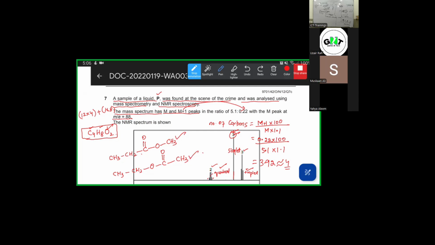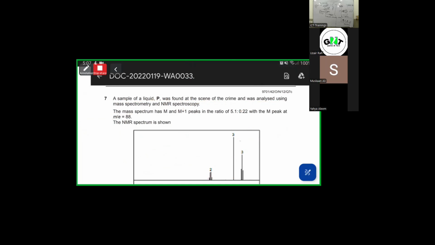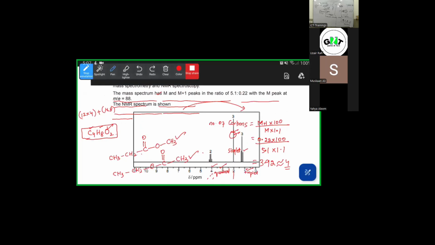Yes. Now we find out that structural formula using the data booklet. In the data booklet, you are being given the different values. Let me see if I got the data booklet with me. If you open up the data booklet, we can see these values up here. This is 1.1, this is 2, and this is I think 4.